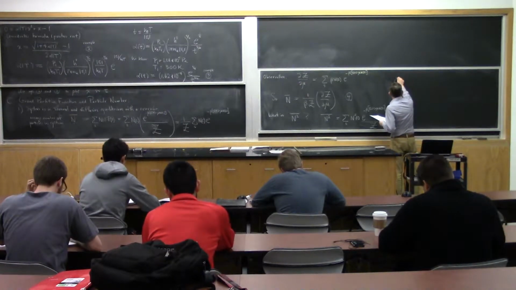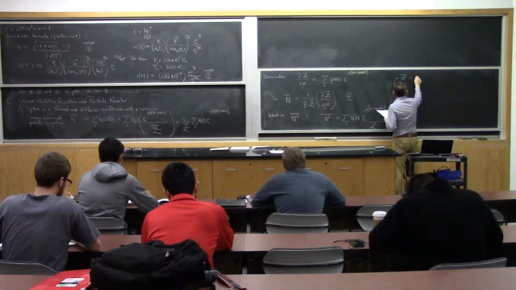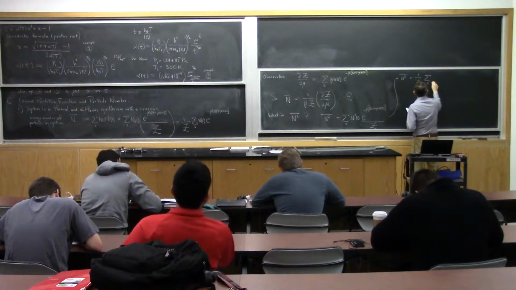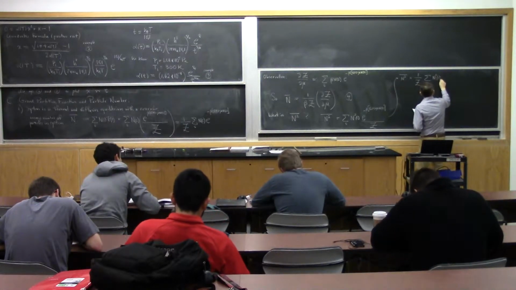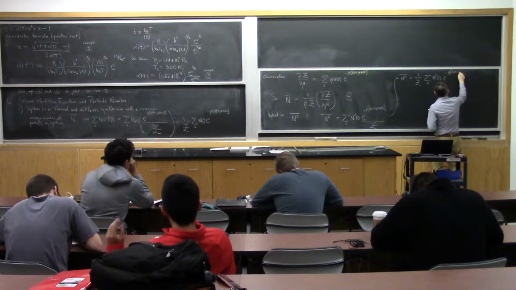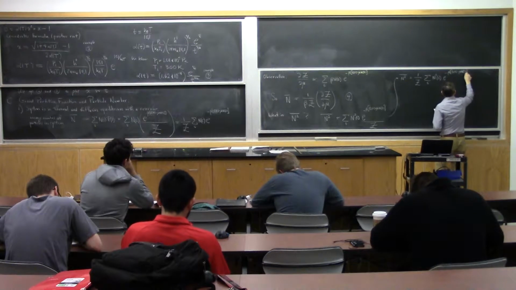Which we might as well write like this. N squared average is 1 over the grand partition function, sum over the states, n squared for state S, times the Gibbs factor for state S. Okay?